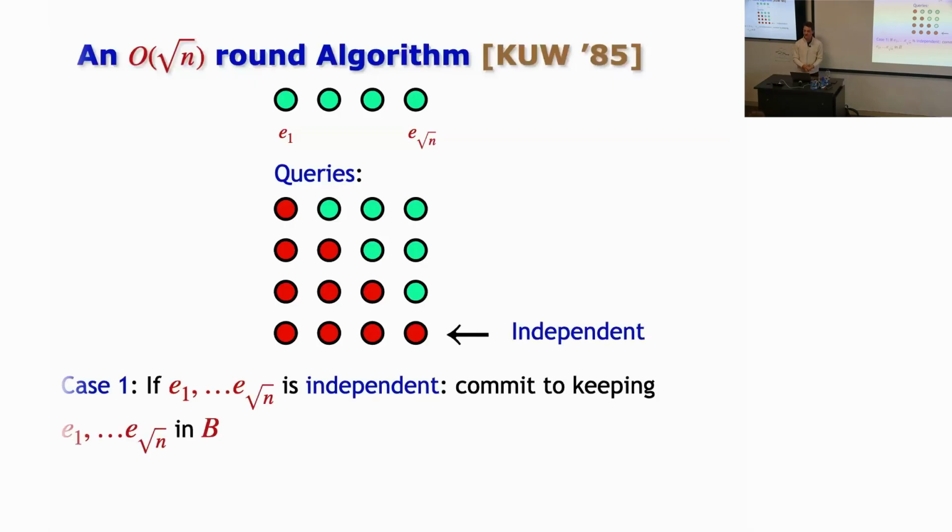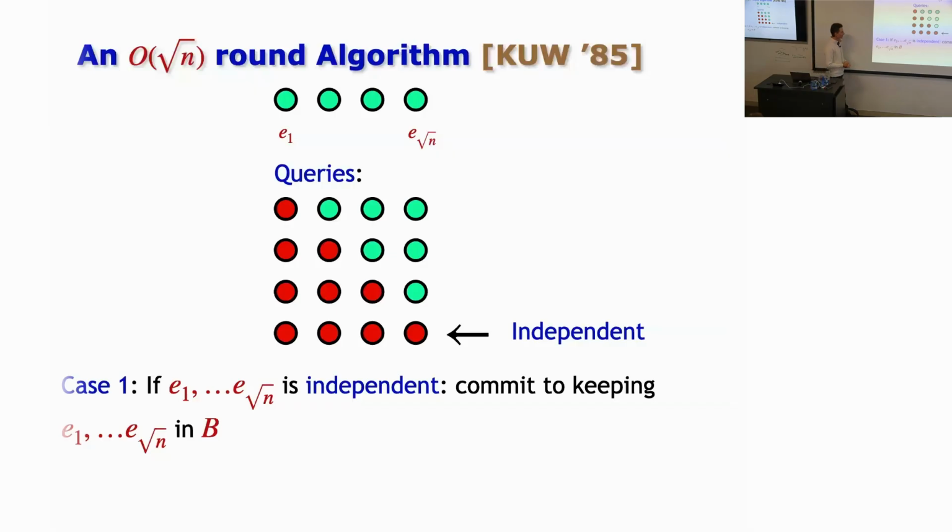Now there's two cases for us to consider. You've queried every prefix, and now you get your responses from the oracle. Case 1 says, imagine that this last query, when you queried all square root n elements, was independent. That's actually very good news. It's very easy.